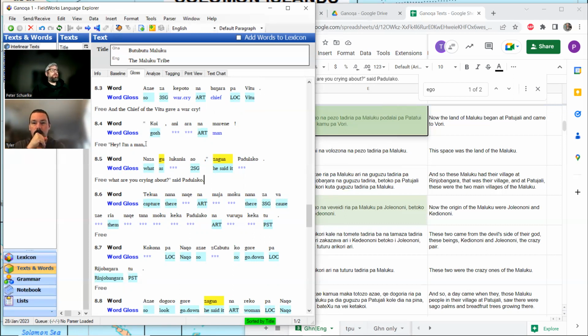So I actually thought about this the other day, thinking back on our episodes. I kind of started inferring what some of the sounds were based on Roviana and my knowledge of Oceanic. But that might not be clear to someone working on Ghanongga who has no background in those languages. And if you were somebody trying to work on an Austronesian language you didn't know, you should probably look into whatever resources are known about the related languages.